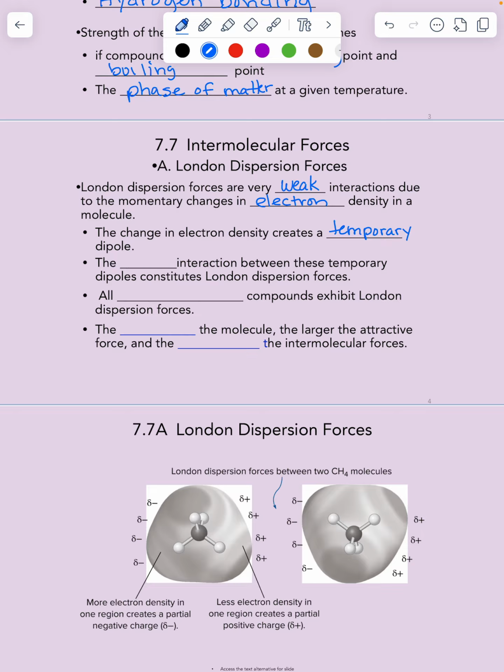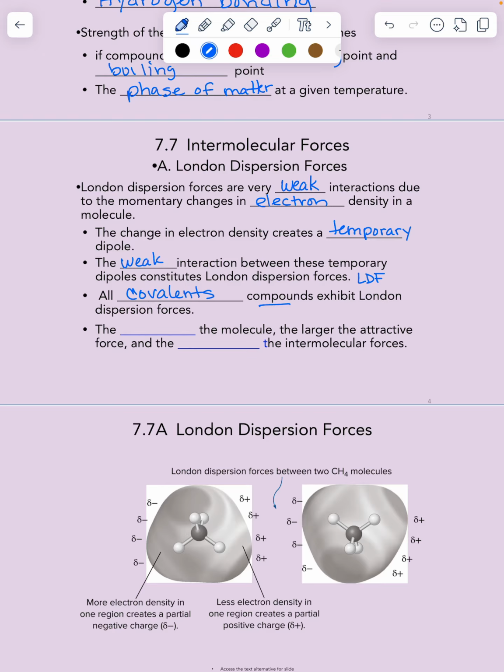The weak interactions between these temporary dipoles constitutes the London dispersion force, or the LDF. All covalent compounds, I should say, have London dispersion forces. In fact, not just covalent compounds, but all compounds have LDFs.